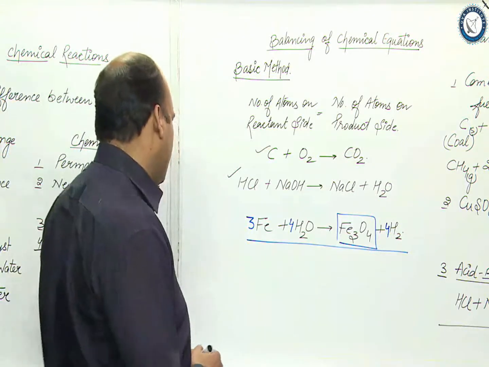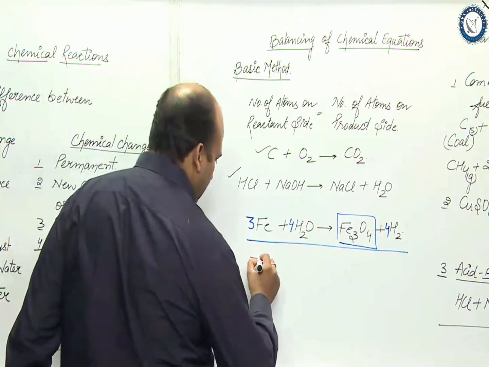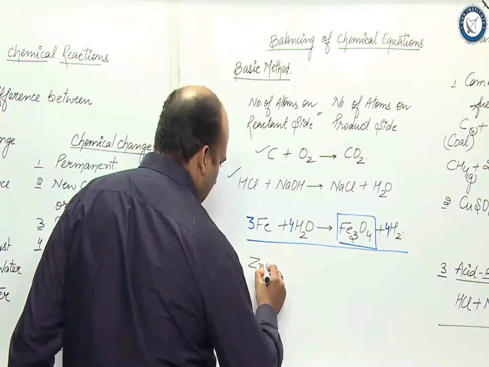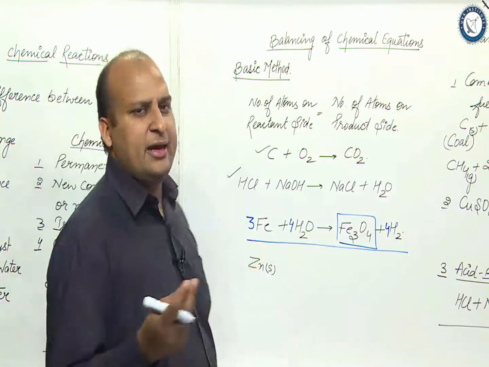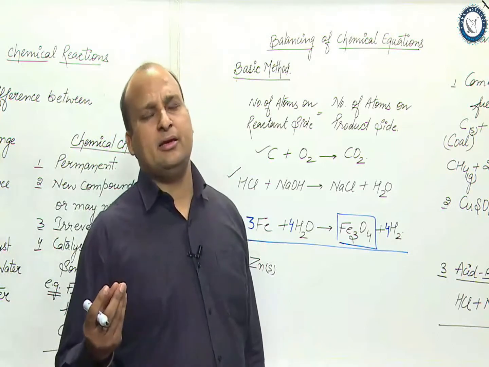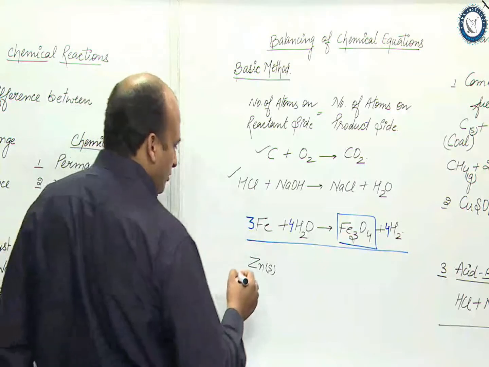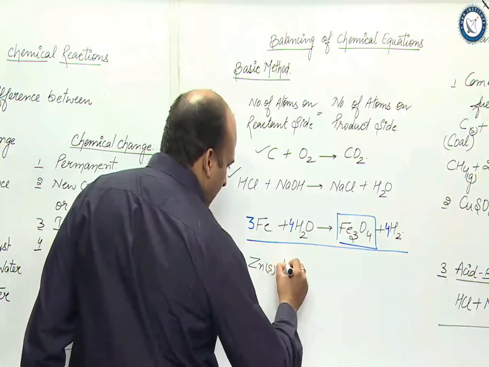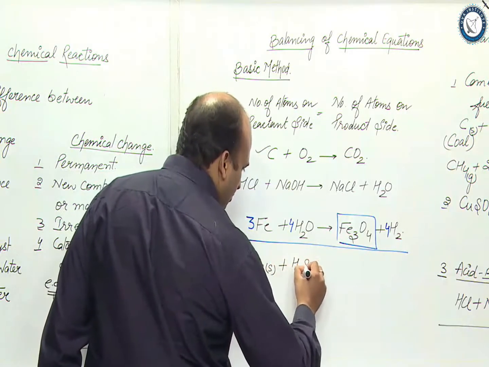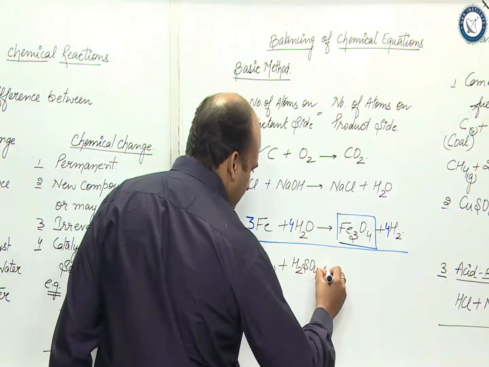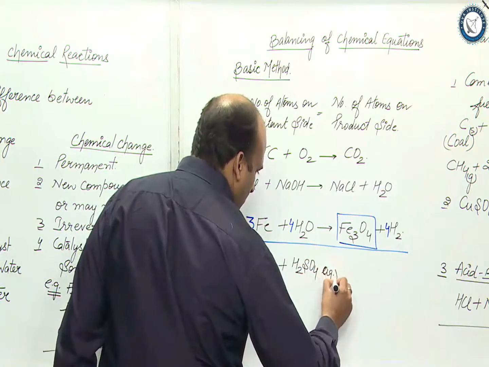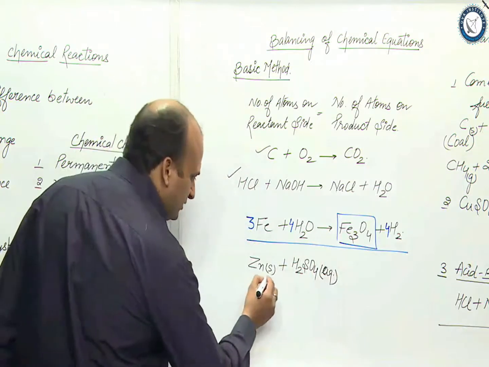Balanced? Chale. Now you see, this is zinc solid. It is normally available like sugar granules, small छोटे छोटे particles होते हैं zinc के। तो this is zinc and we add sulfuric acid. H2SO4 is sulfuric acid. See, what does this S stand for?